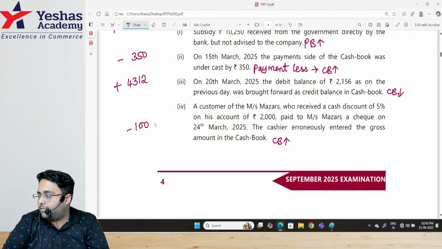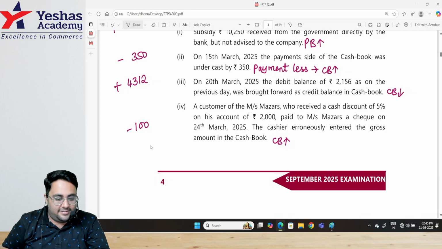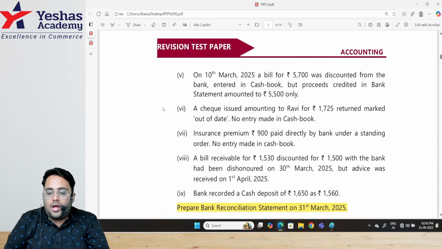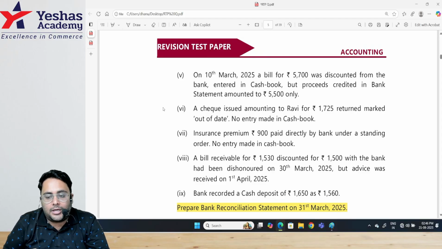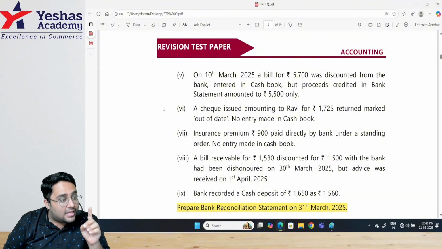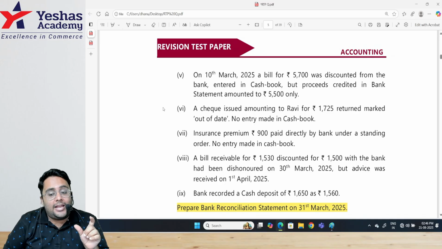Is that clear, everyone? Can we go ahead to the fifth one? Yes, sir. Fifth one. On 10th March, a bill of 5,700 was discounted from the bank, entered in the cash book, but the proceeds credited in the bank are 5,500 only. Carefully think and tell me what was the value of the bill? 5,700.